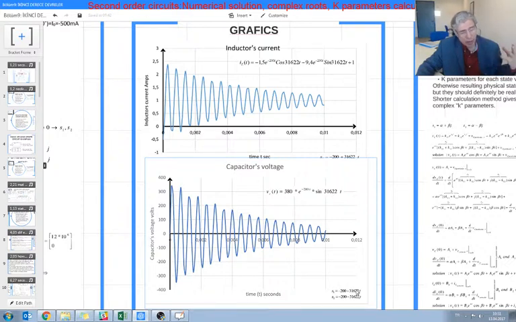So if the characteristic root is complex, this complex number's real part is the damping seen here, and the imaginary part is the angular frequency of our sinusoidal signal. So that is interesting, of course.